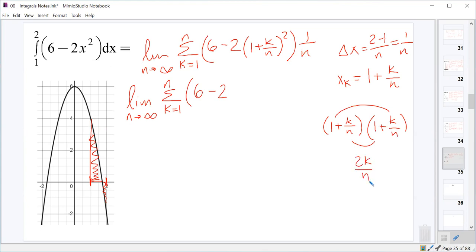But that's still being multiplied by this negative 2. So that ought to be a minus 4k over n. And then the k over n times the k over n, that part's just k squared over n squared, but I've got negative 2 of them, so minus 2k squared over n squared. And that's still all being multiplied by 1 over n.